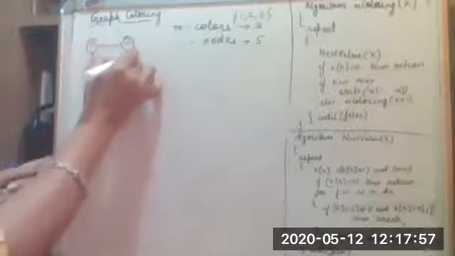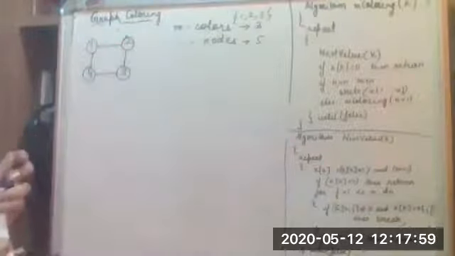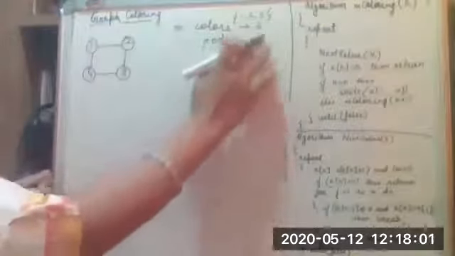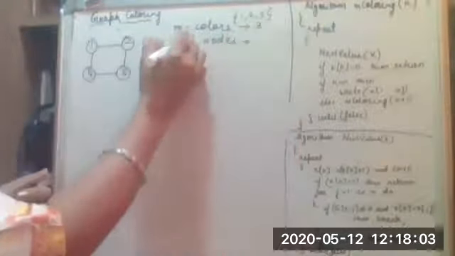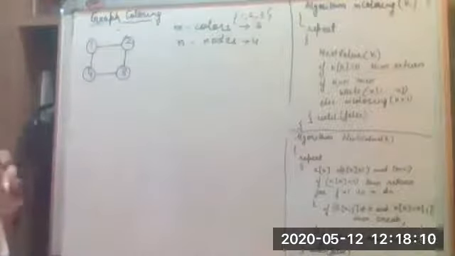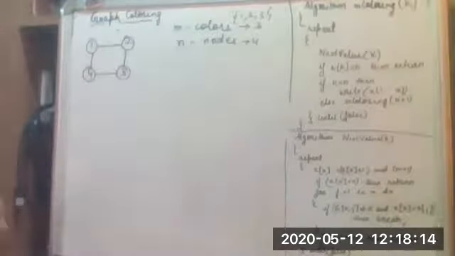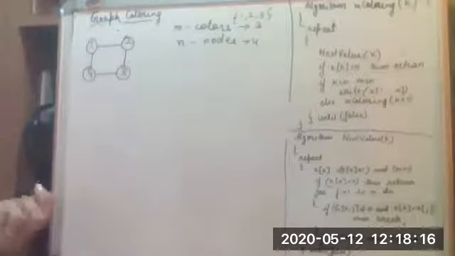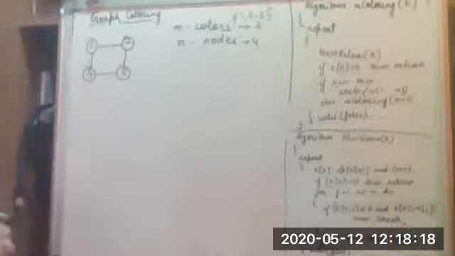Yes, and so n is equal to 4, m is equal to 3. Now, what we are saying here is that if we want to find a solution for that, different solutions are possible. You can do the coloring of this graph in different ways.